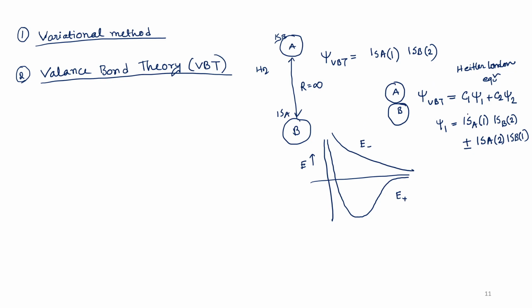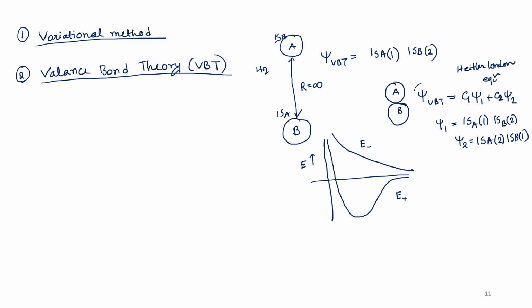So what you are going to do is think only about the plus right now. Let me erase the minus and write only the plus. So this is your psi 1, and psi 2.